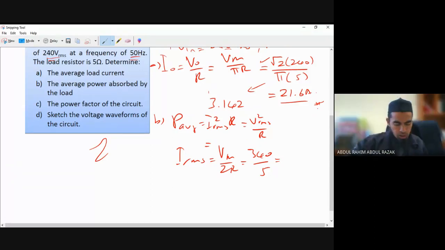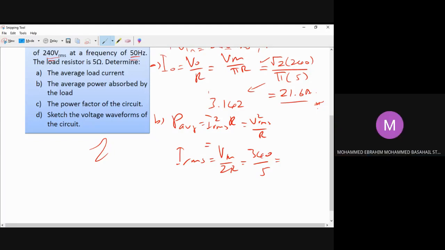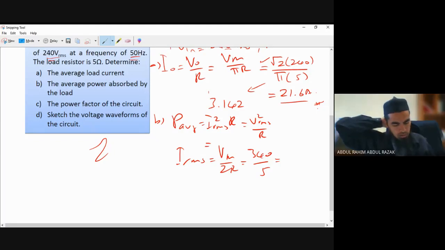Example and tutorial I will skip. It will take some time. So we proceed to page 15, control half-wave rectifier, because we have another half an hour to go. We have to take note to differentiate between input and output. The given here is the input voltage, and the 240 volt is the input voltage RMS.